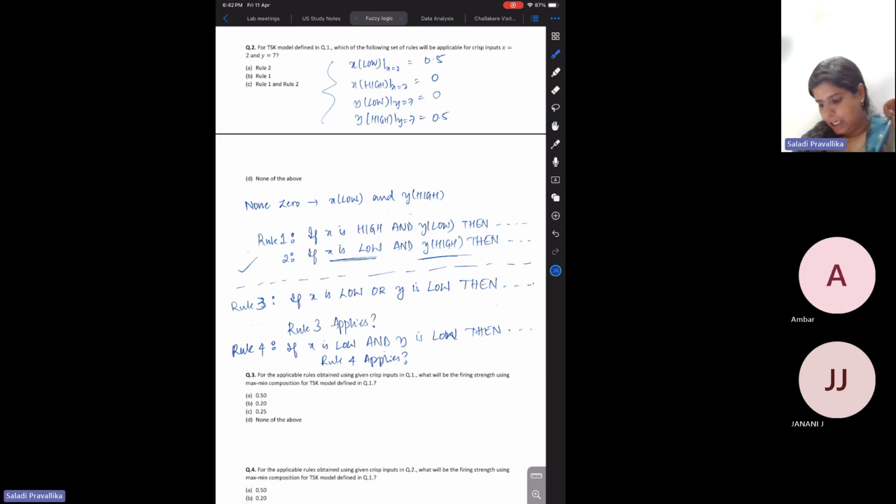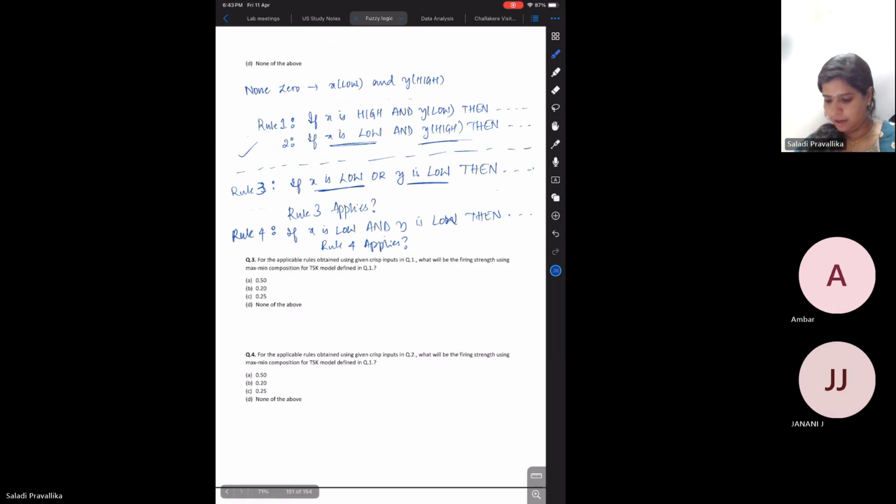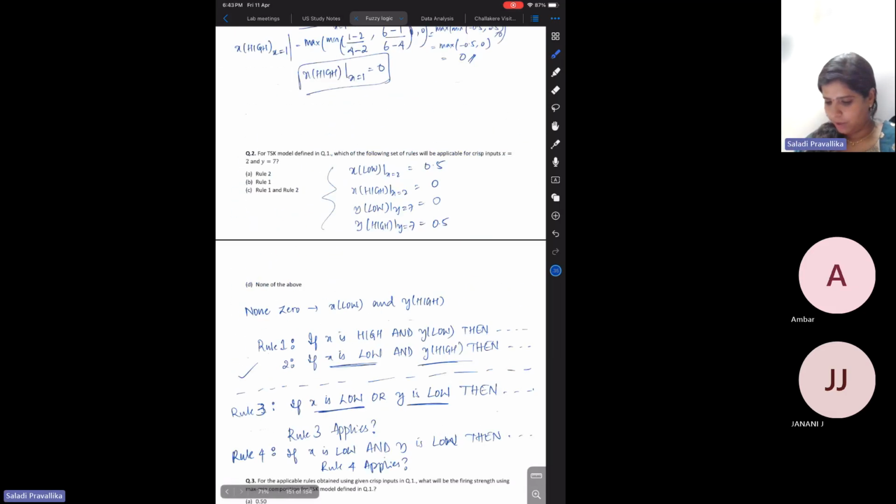Great, Amber and Janani. So now the thing is, if we are having OR, either one of them should have a non-zero value. If we have AND, both of them should have non-zero values for that rule to be applied. So with these two questions, keep these things in mind.